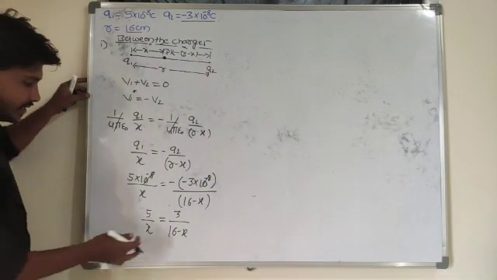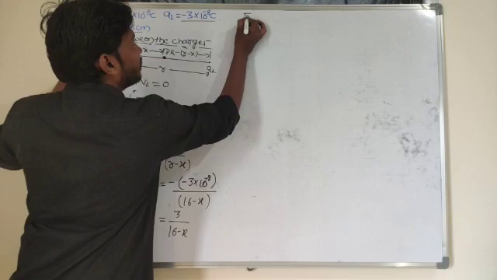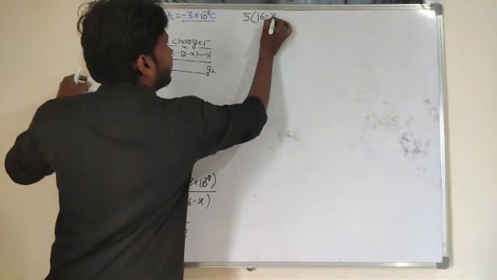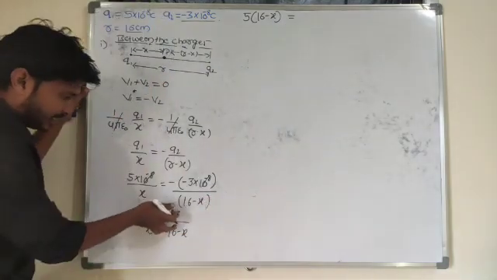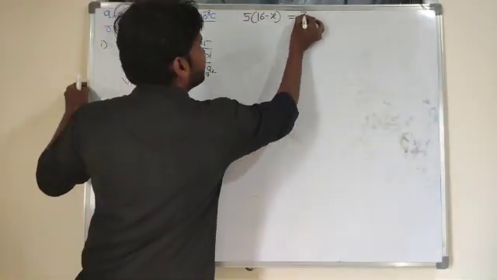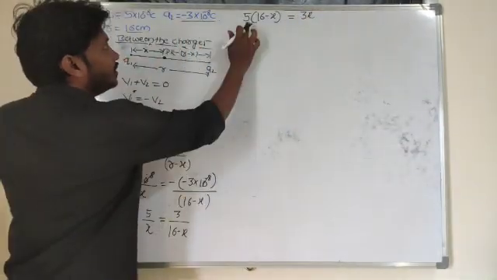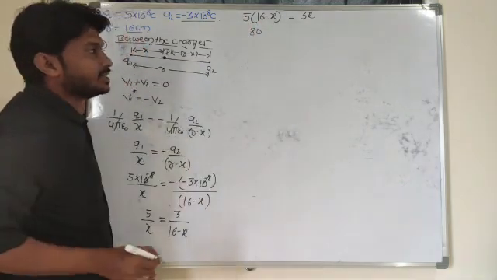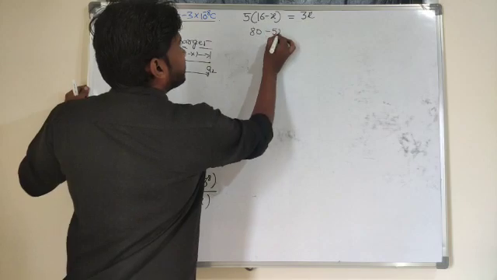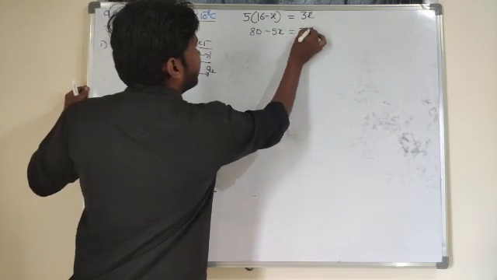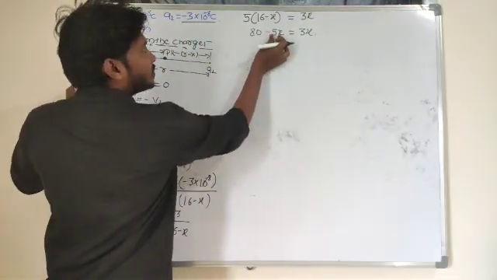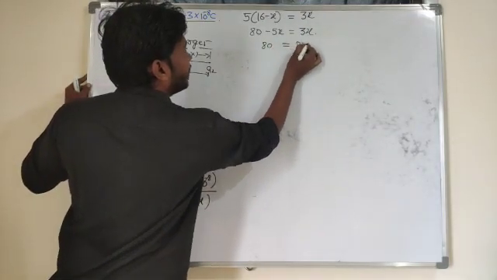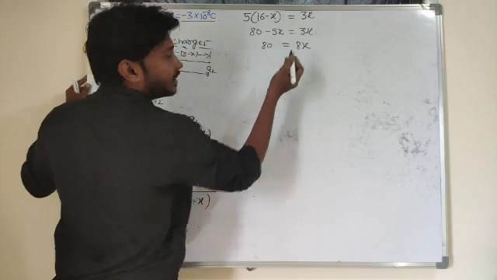Make cross multiplication here. 5 into 16 minus x is equal to 3x. So 16 into 5 is 80, minus 5x, is equal to 3x. Moving minus 5x to the right side, 80 is equal to 8x, since 5 plus 3 is 8.